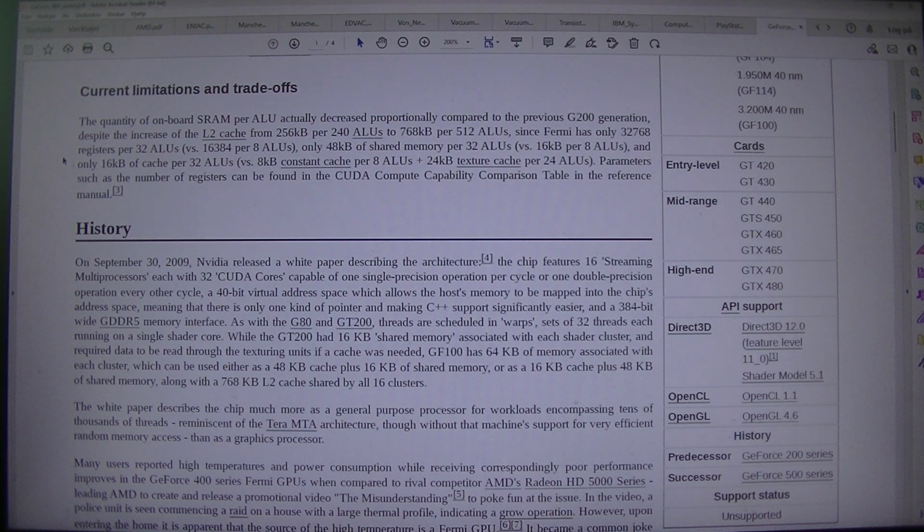Only 48 KB of shared memory per 32 ALUs, versus 16 KB per 8 ALUs, and only 16 KB of cache per 32 ALUs, versus 8 KB constant cache per 8 ALUs plus 24 KB texture cache per 24 ALUs. Parameters such as the number of registers can be found in the CUDA compute capability comparison table in the reference manual.